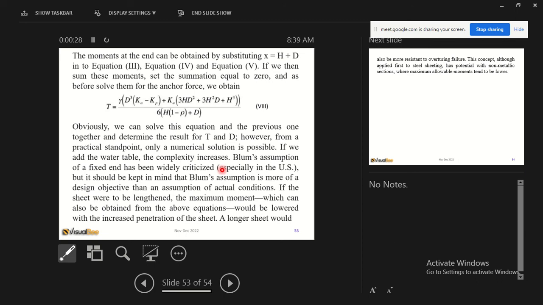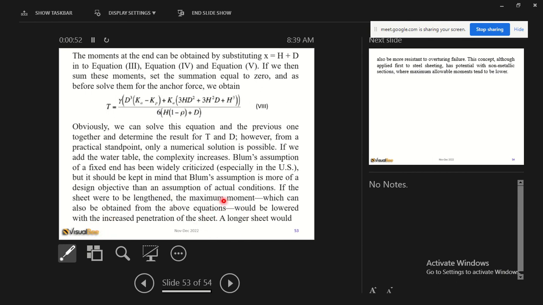Blum's assumption of a fixed end has been widely criticized, especially in the US, but it should be kept in mind that it is more of a design objective than an assumption of actual conditions. If the sheet pile is lengthened, the maximum moment, which can also be obtained from the above equations, would be lowered with the increased penetration.